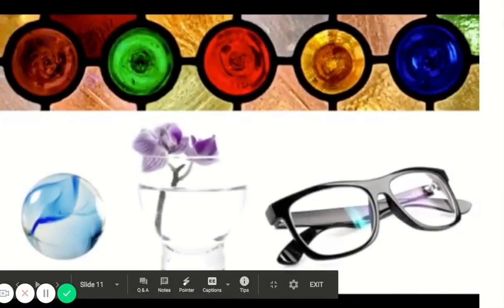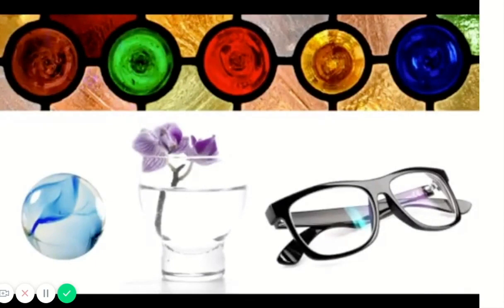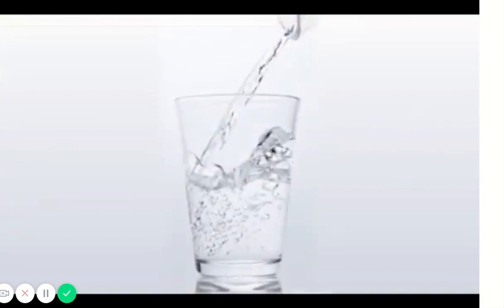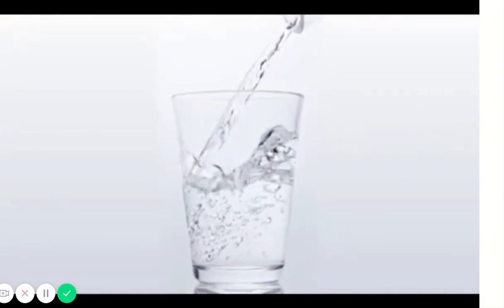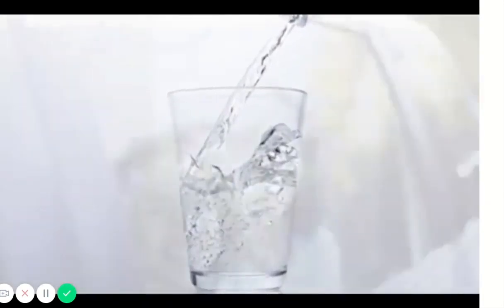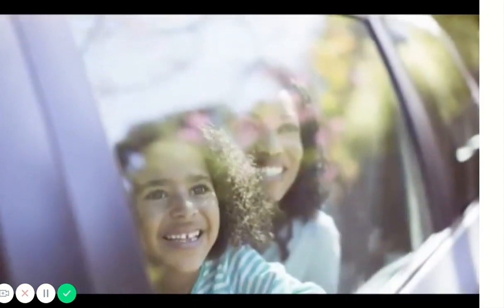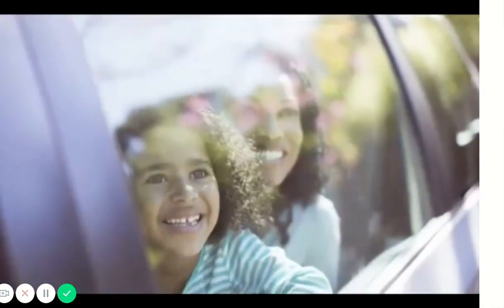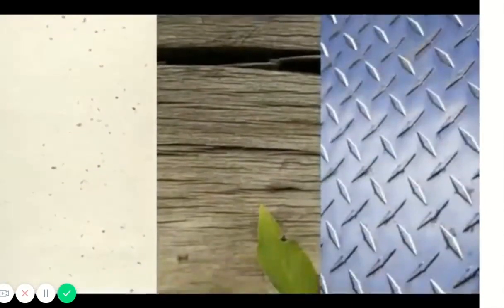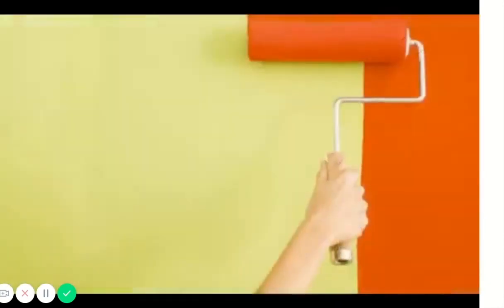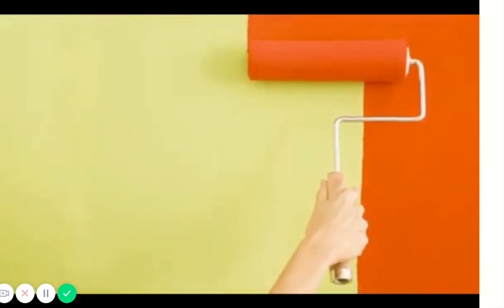Have you ever heard these words? Transparent, opaque, and translucent. When an object is transparent, light is able to travel through it, so that anything behind the object is still clearly visible. A glass of water or the clear glass in a window is an example of a transparent material. When an object is opaque, light is unable to travel through it. Therefore, nothing can be seen behind it. Wood, concrete, and metal are examples of opaque materials. See how this opaque paint covers the previous color?